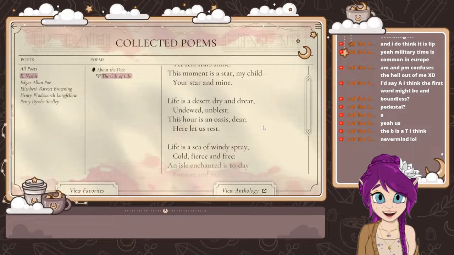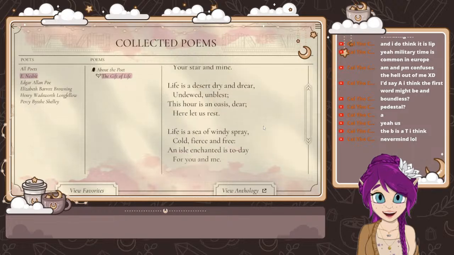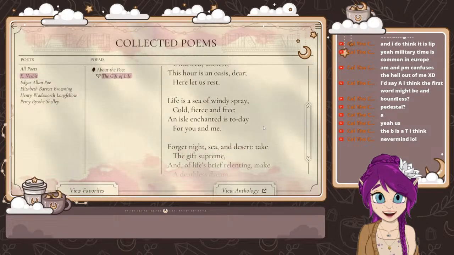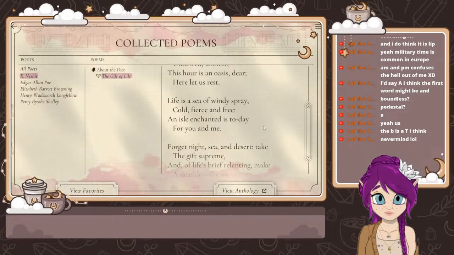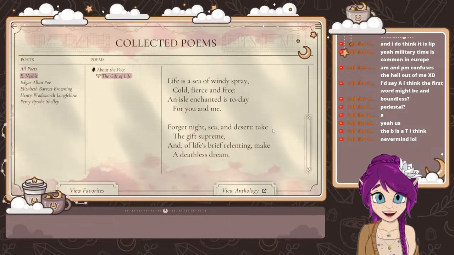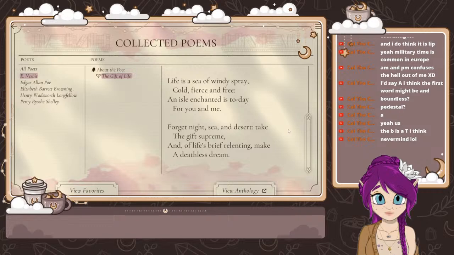Life is a desert, dry and dreary, unwed, unblessed, this hour's an oasis, dear, let us rest. Life is a sea of windy spray, cold, fierce, and free, and isles enchanted is today for you and me. Forget night and sea and desert, take the gift supreme, and of life's brief relenting, make the deathless dream.